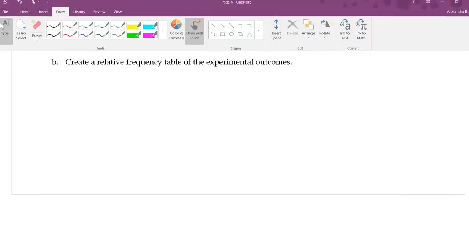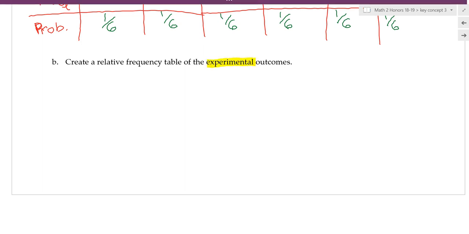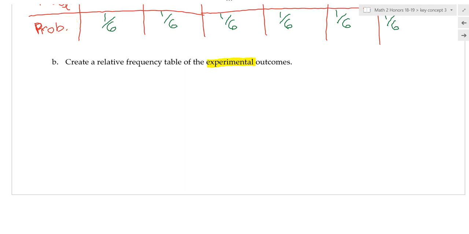For our experimental, the first part of our table is going to look very much the same. We still are using the numbers that we get. We should have the frequency, or the count, and the probability.